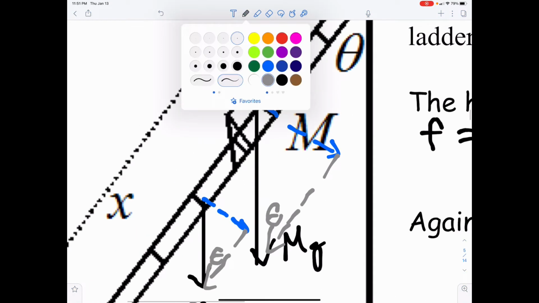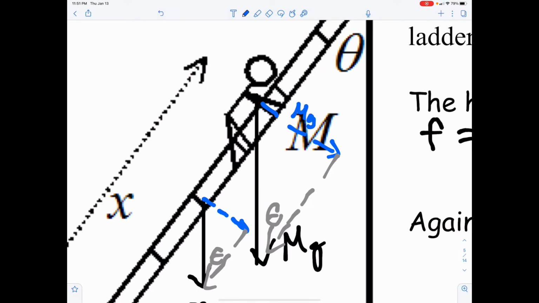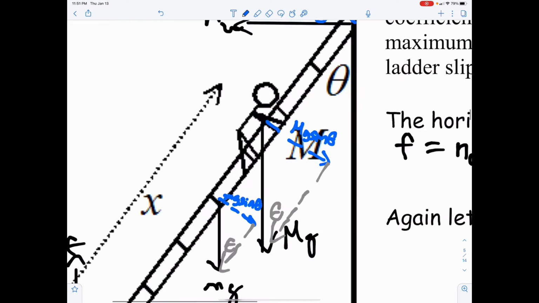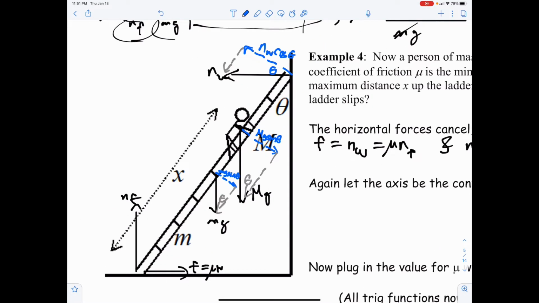Those components were big Mg sine of the angle and little mg sine of the angle. Both of those are causing clockwise torques. So you have two clockwise torques, and we have one counterclockwise torque, or one force that's causing a counterclockwise torque.